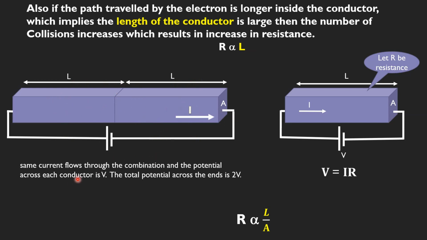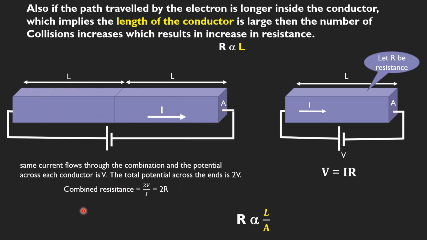So the potential across each conductor is V, and the potential across the total ends of the combination of conductors, whose length is 2L, is 2V.